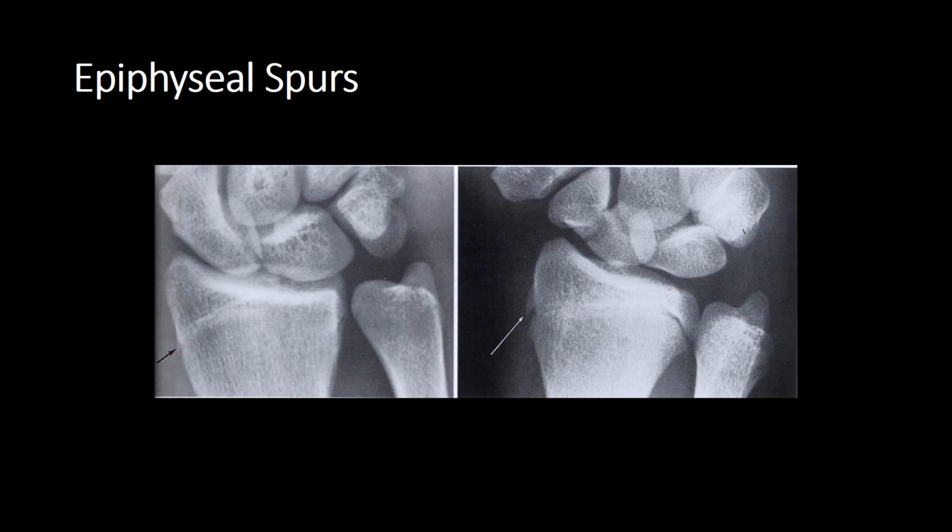The most important thing is to identify their location, to recognise they are part of the normal physis, to note that there is no associated soft tissue swelling, and to understand that these are normal. Incidentally, there's a fracture through the waist of the scaphoid on the image on the right.